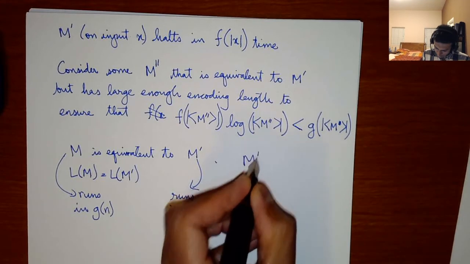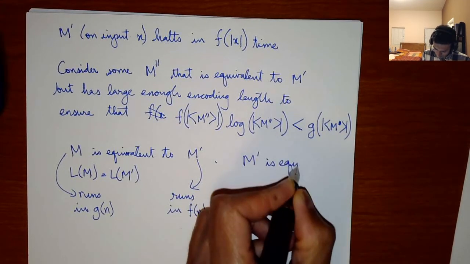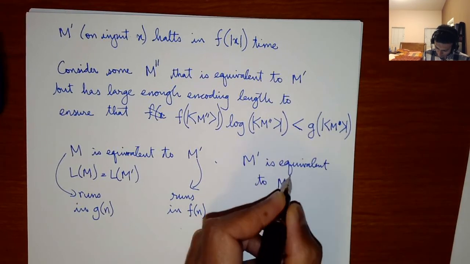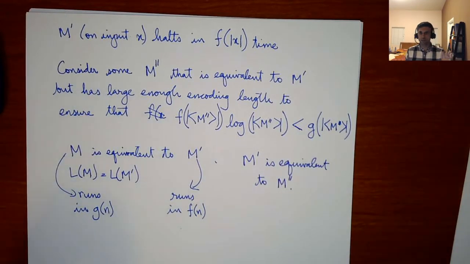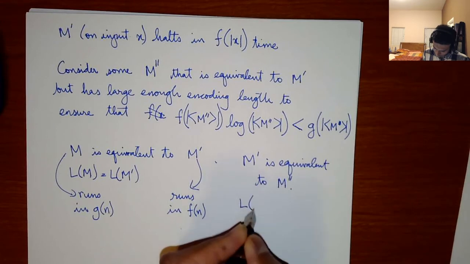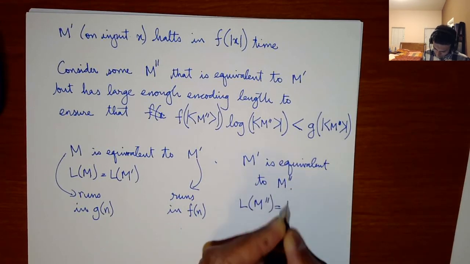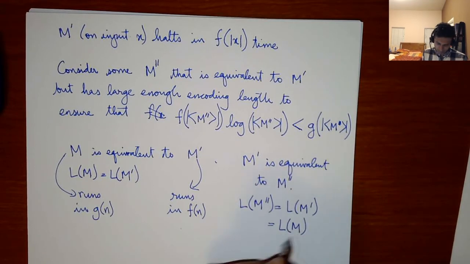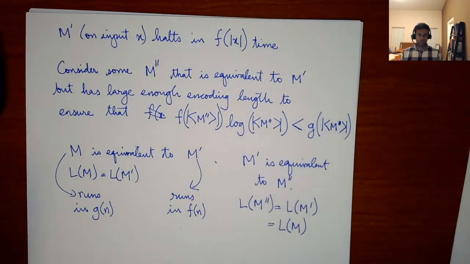And M prime is equivalent to M double prime. By equivalent, I mean that the languages are the same. This is just saying that L of M double prime is equal to L of M prime, which is also equal to L of M. So all of these machines essentially have the same behavior.